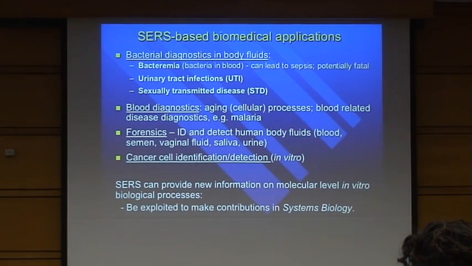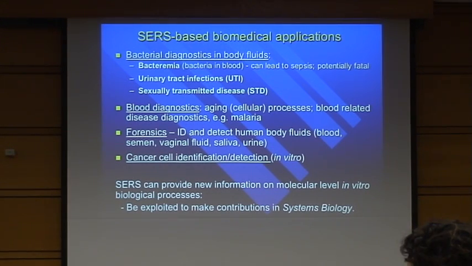So some of the SERS-based biomedical applications that we've explored and received support for and made some strides with are listed here, and I'll touch on some of these. Blood infections, that's really hard. In fact, I'm not going to be talking about that. It's bacterial urinary tract infections, sexually transmitted diseases.